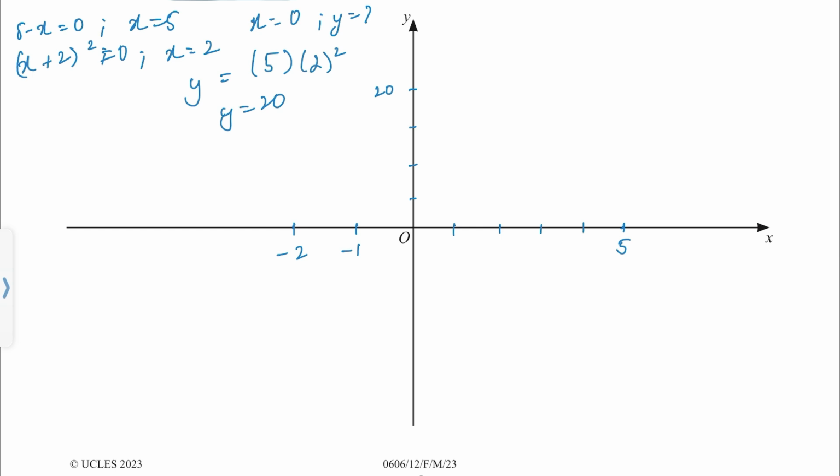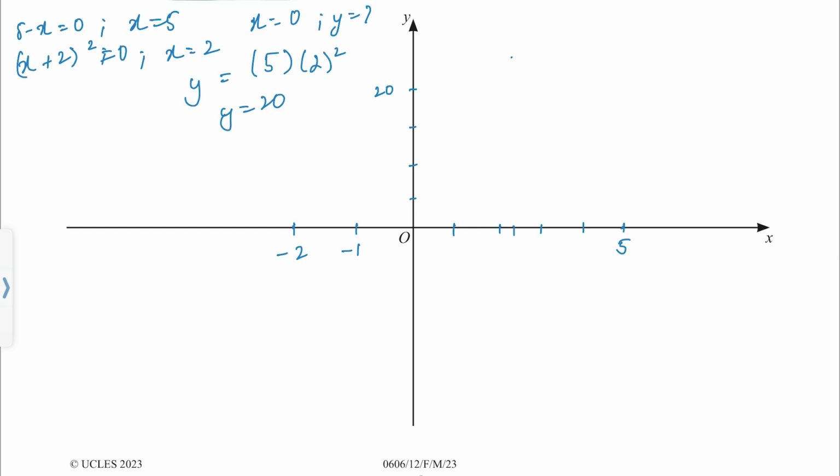So the curve can be like this. So from minus 2 it would be going till 20, then it would be turning from 8 upon 3 and then coming back to 5. Alright, so we get a turning point somewhat around here, that is 8 upon 3.